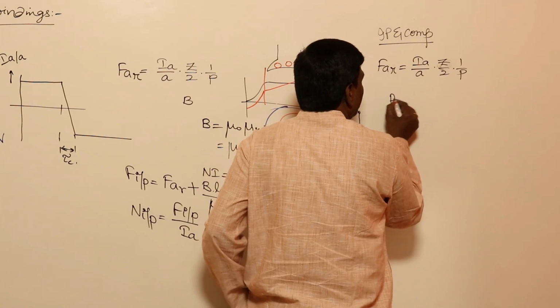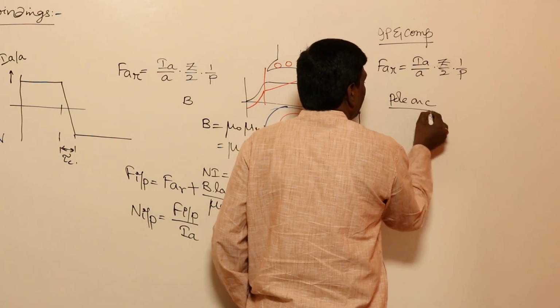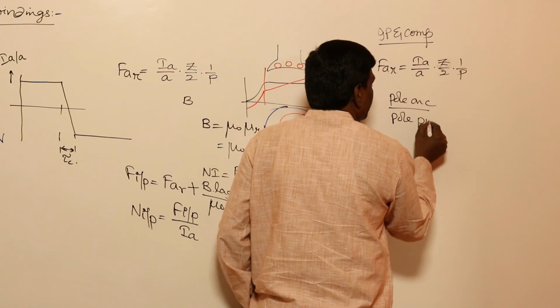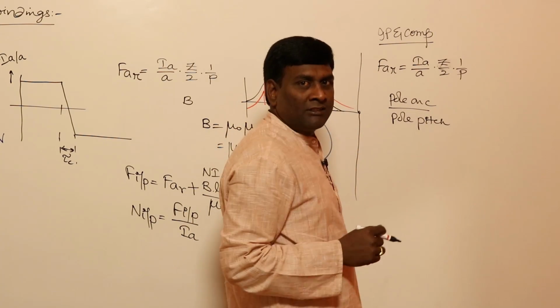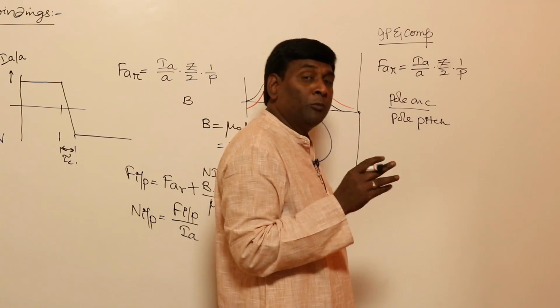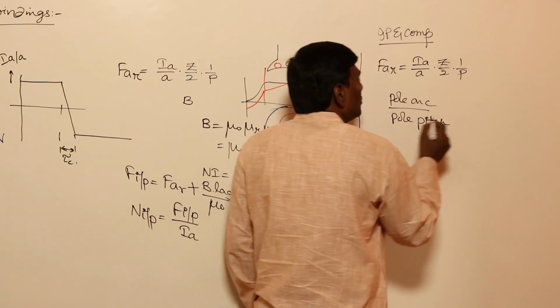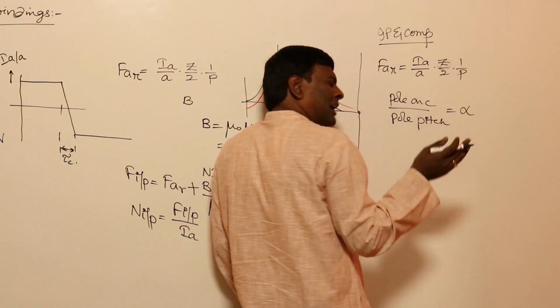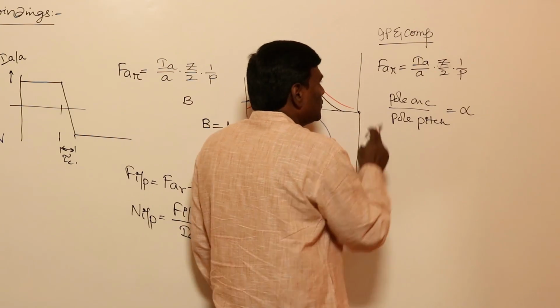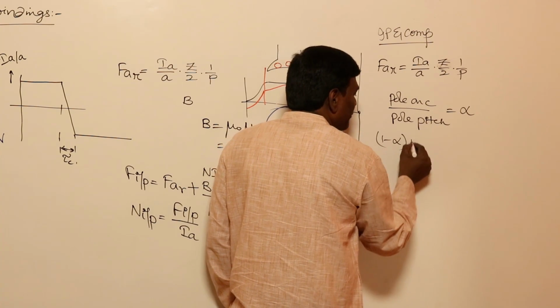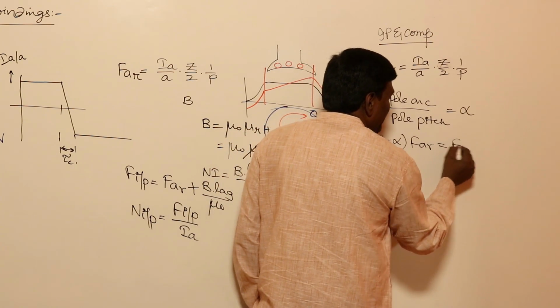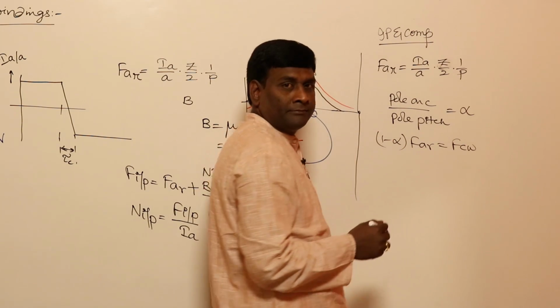So for example, let me think of pole arc by pole pitch. Pole pitch is 180 degrees. Out of that, how much pole arc is covered? About this we already released the video. Now pole arc by pole pitch is alpha, for example, alpha or beta, whatever it may be. Okay, so out of all armature MMF, 1 minus alpha of armature MMF should be compensated by compensating winding.